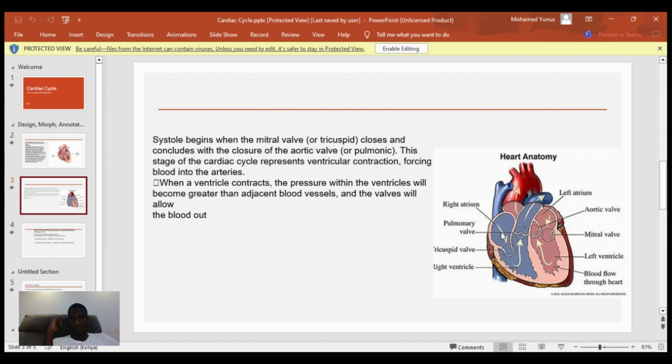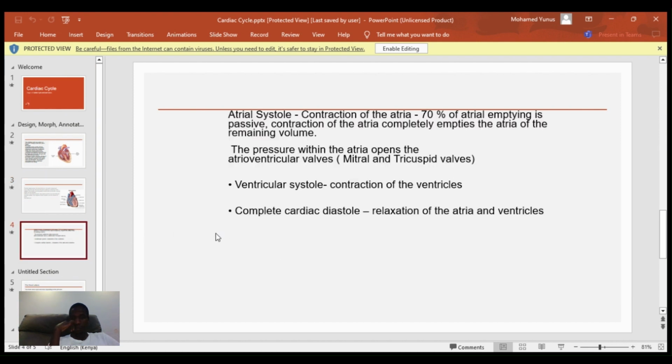Here is our atrioventricular valve, the tricuspid, between the atrium and the ventricle. And here is the other atrioventricular valve, right here. You can follow my cursor and see what I'm talking about. This is the second one. So let's go back to the slide.